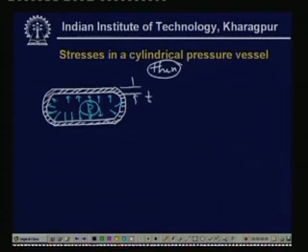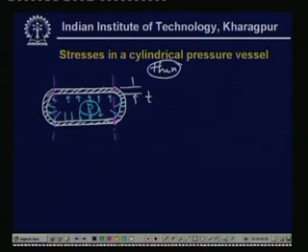Remember, we are going to consider the cylindrical pressure vessels, that means we are going to only consider up to this portion, the stresses within this region. Now, what are the different stresses appearing here? You will see that there are two kinds of stresses.